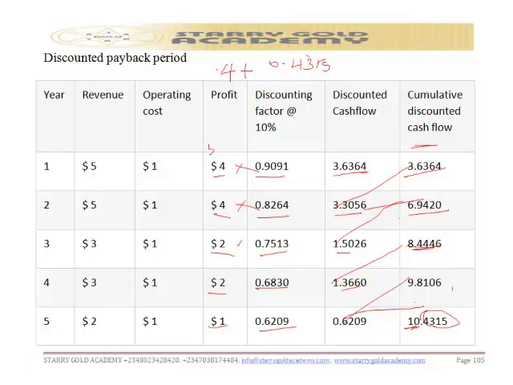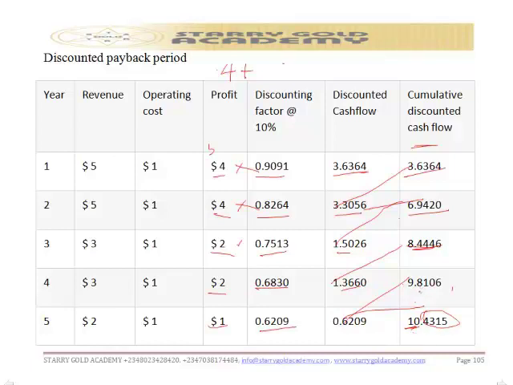Is that okay? Let me do it this way. Let me do it in this format so you can get it better. What happened is this. This is 4th year and this is 5th year.